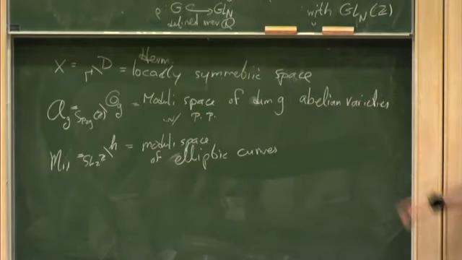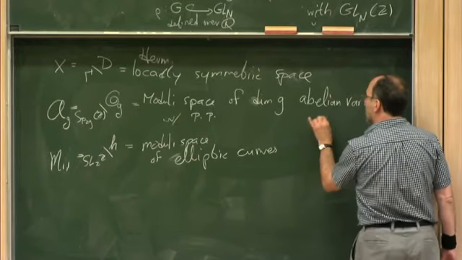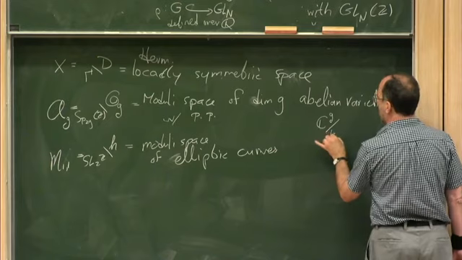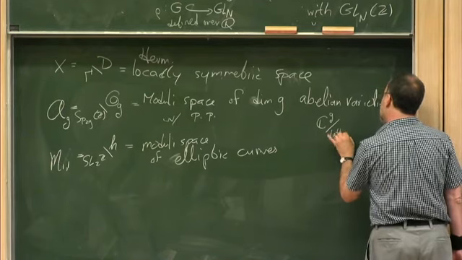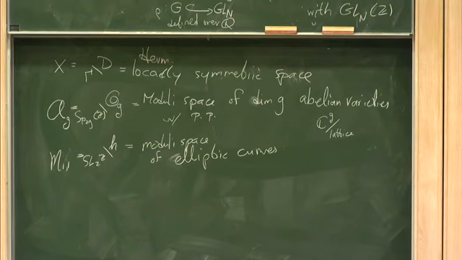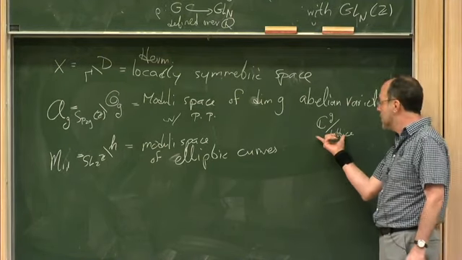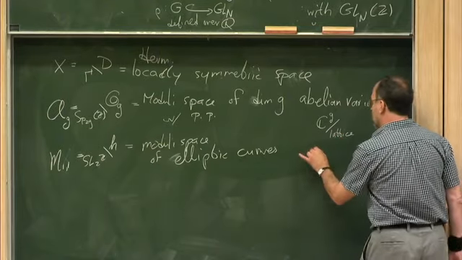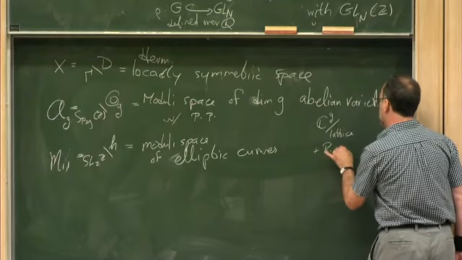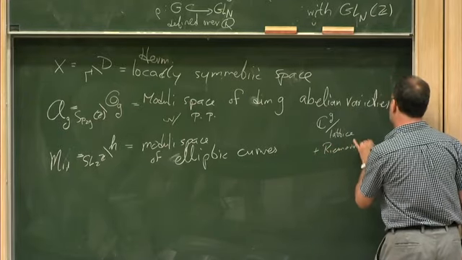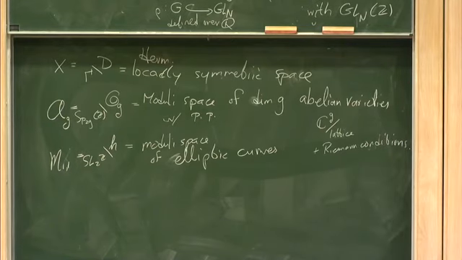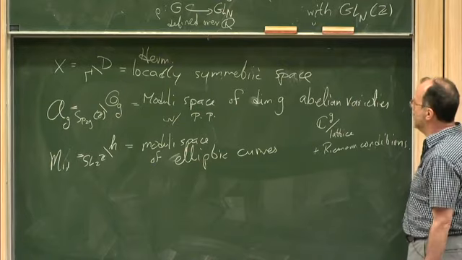So basically you take g-dimensional complex space, you mod out by a lattice, so it becomes compact, and then you have to impose a condition so that this is actually a projective variety, so those are the Riemann conditions.